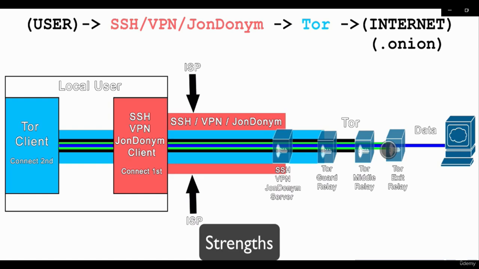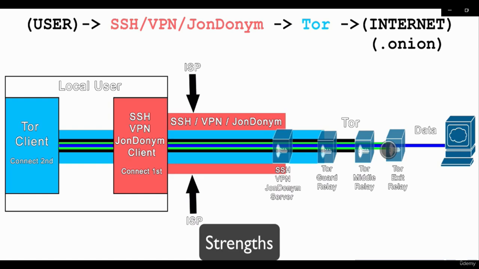Let's have an example: if an attacker gains the Tor guard relay, passes the Tor middle relay and finally the Tor exit relay, and Tor stores the activity of the local user by the incoming SSH, VPN, John Doe attack.